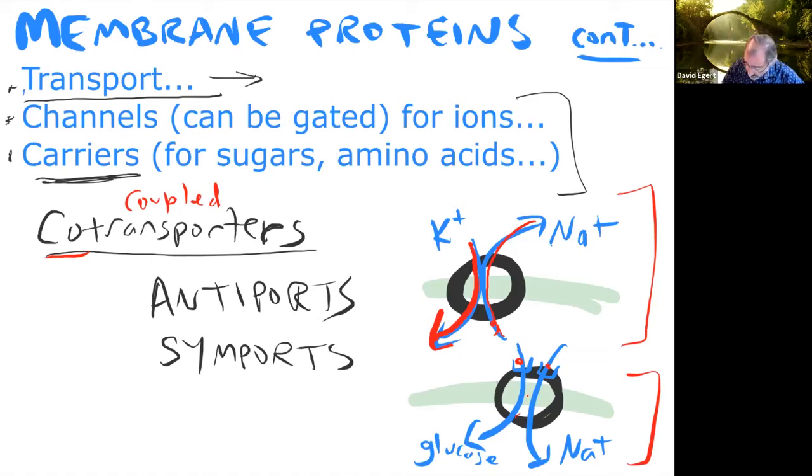Another thing I should mention, there are pumps.